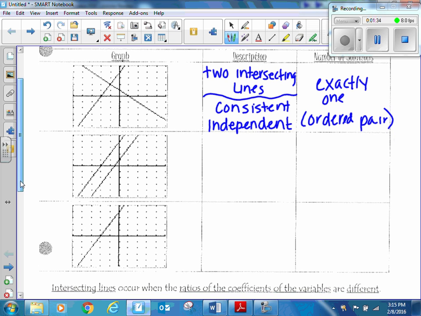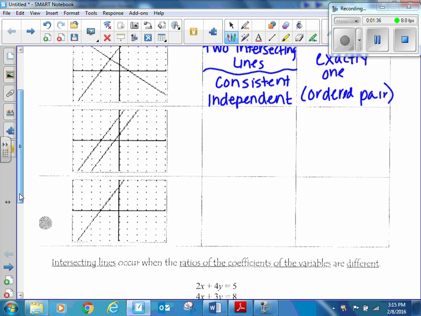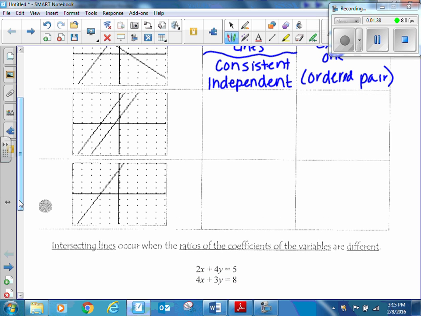If you see on the graph, this next example is parallel lines. So the description is we have two parallel lines, and this has no solution. If you look, they never touch, so it doesn't ever have a solution.